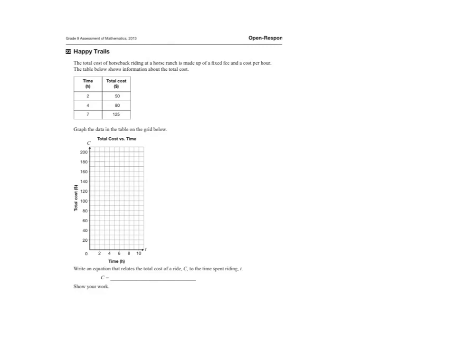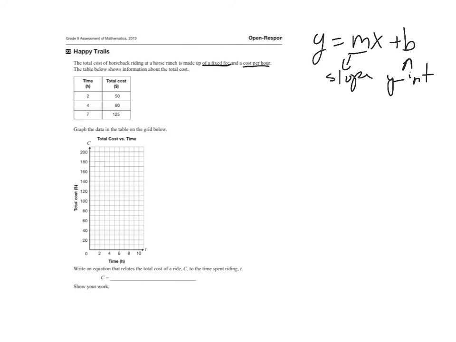The total cost of horseback riding at a horse ranch is made up of a fixed fee and a cost per hour. So this alone, a fixed fee and a cost per hour, should let you know that you need a b for the y-intercept and m for the slope when you make your equation.